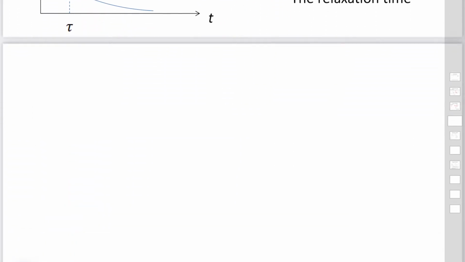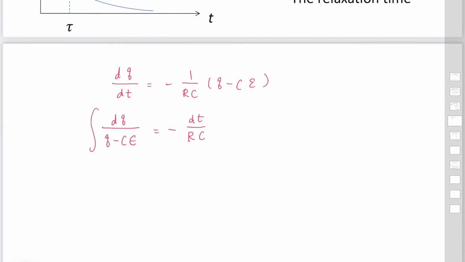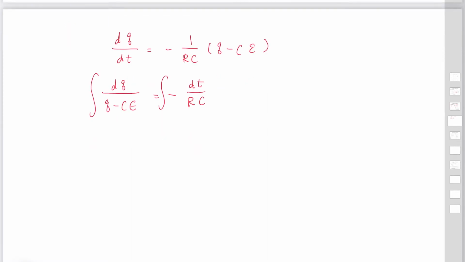So dq over dt equals minus 1 over RC times q minus C epsilon. So dq over q minus C epsilon equals minus dt over RC. Then integrate both sides. The left-hand side becomes log of q minus C epsilon equals minus t over RC plus an integration constant.